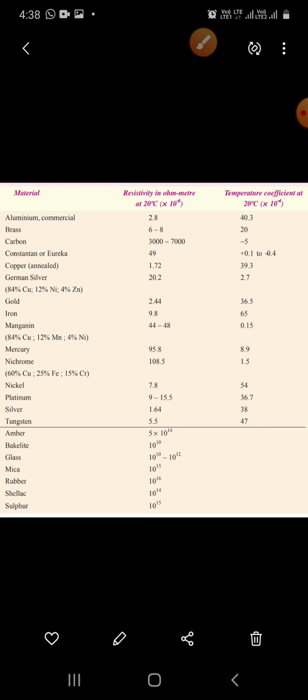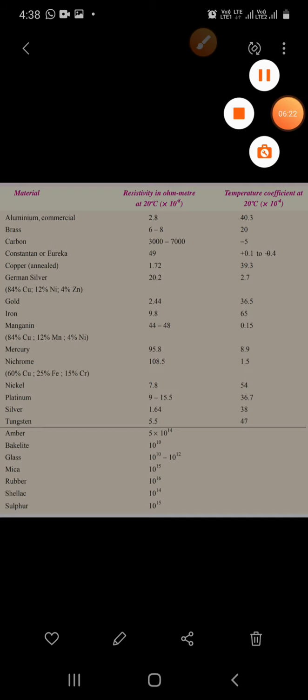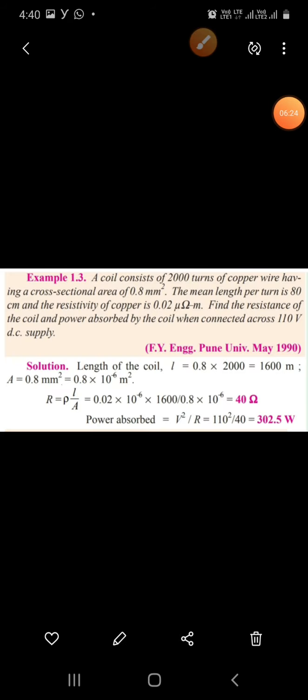Now coming to a numerical. The question is: a coil consists of 2000 turns of copper wire having a cross-sectional area of 0.8 mm square.